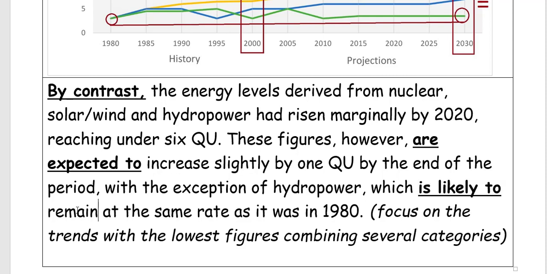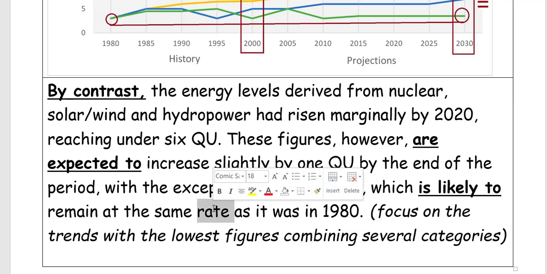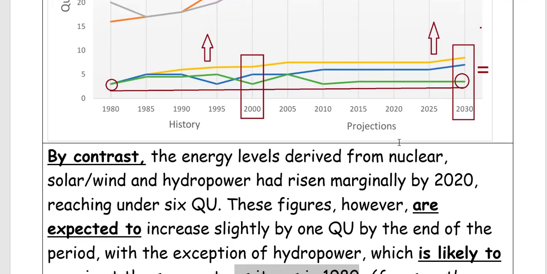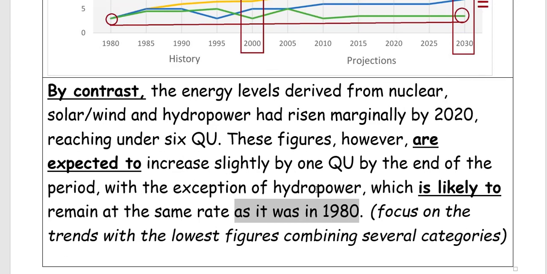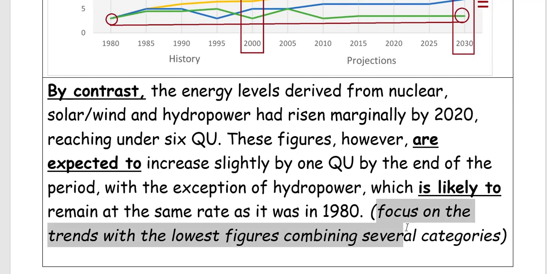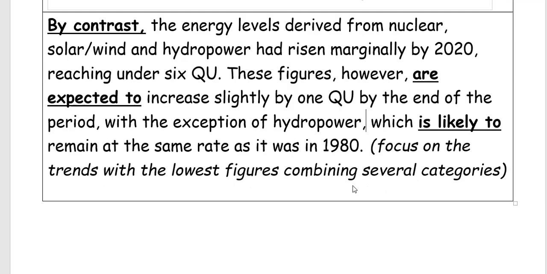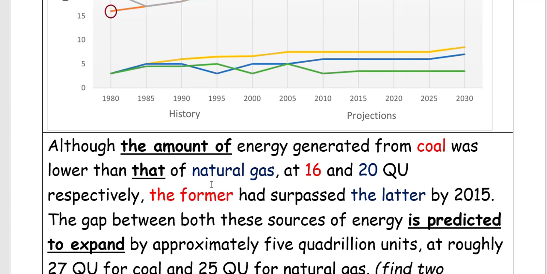And instead of writing stay, it's better to write the word remain at the same rate. In this case, rate means level, as it was in 1980. Okay, so if you look at this carefully, we have the same level, and we need to indicate this. So our job is to focus on the trends with the lowest figures, combining several categories. All right, now let's move on.